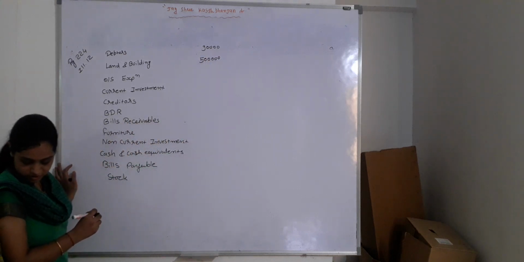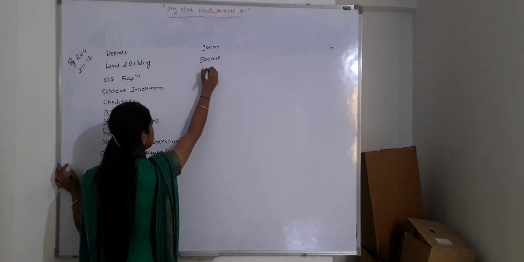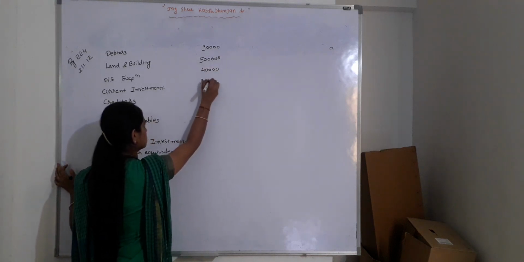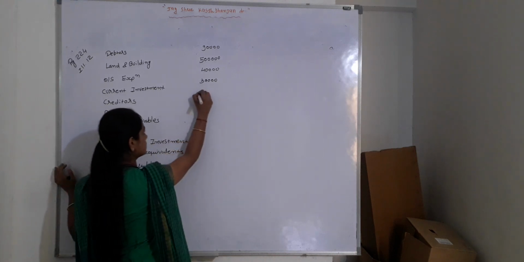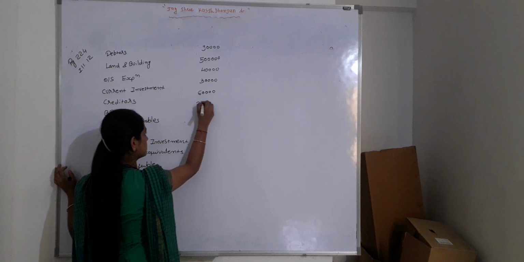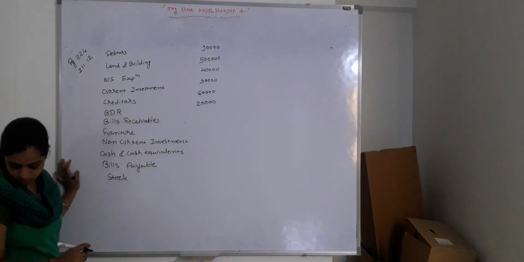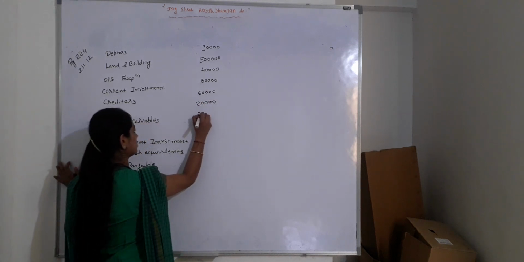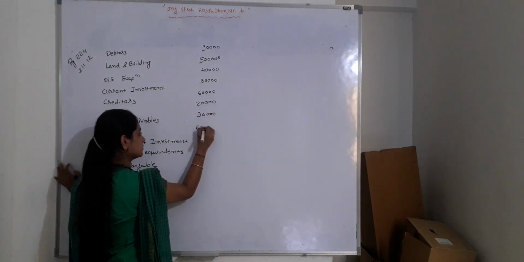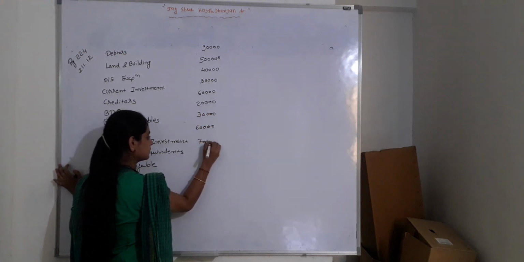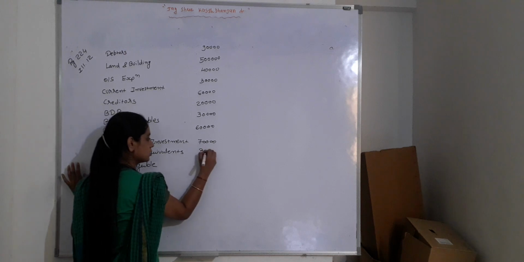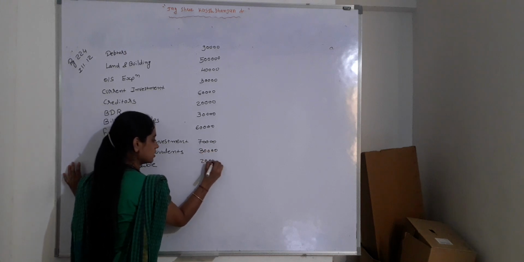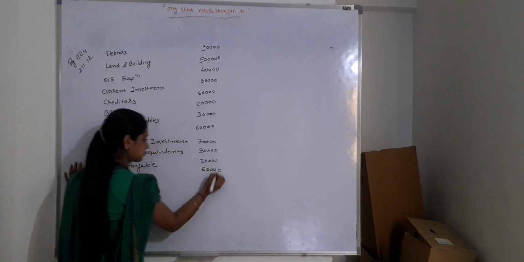Then 40,000, 30,000, 40,000, 30,000, 60, 20, 30, 60, 70. 30,000, 20,000 and 60,000.